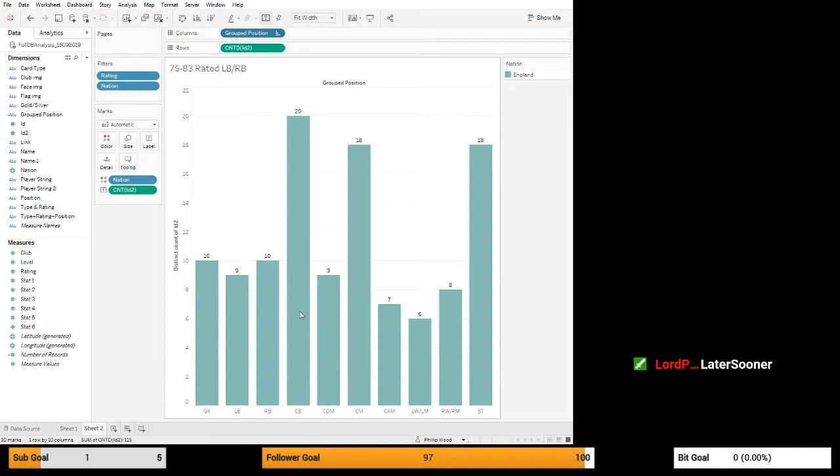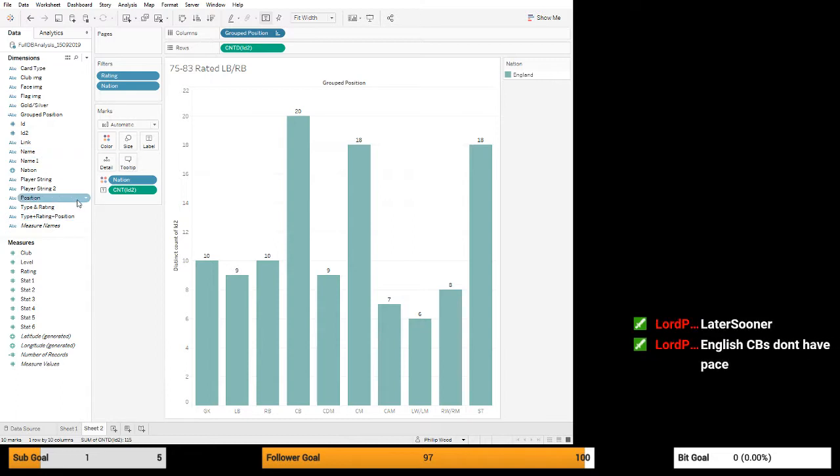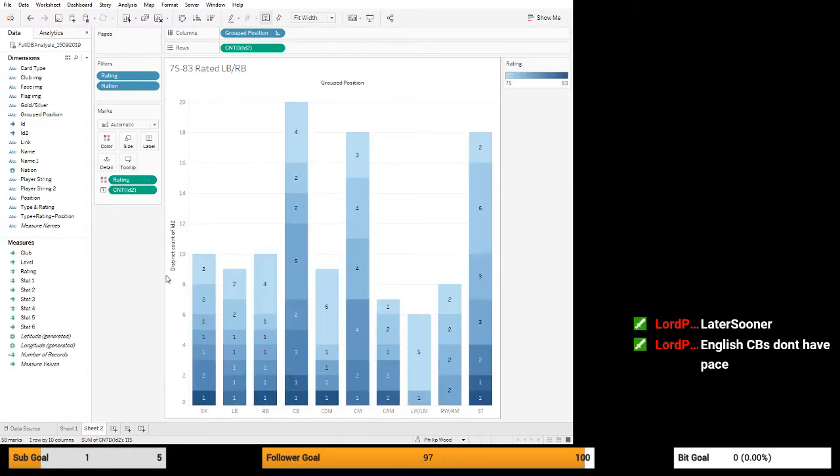Sooner rather than later. So if we drag rating now onto the colour, the sum of the rating, just what the ratings are. It's done it really weirdly for some reason.